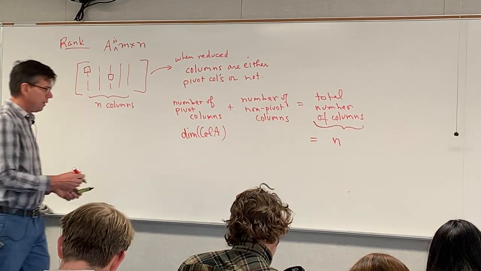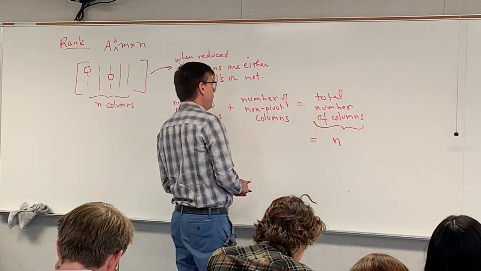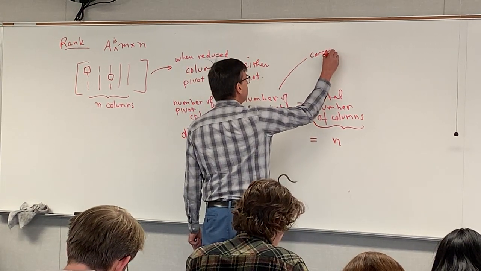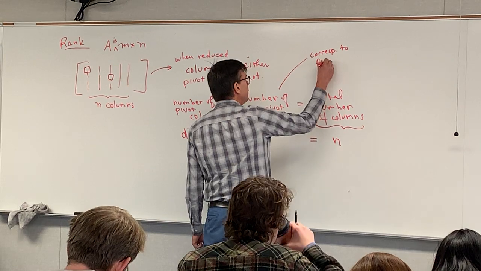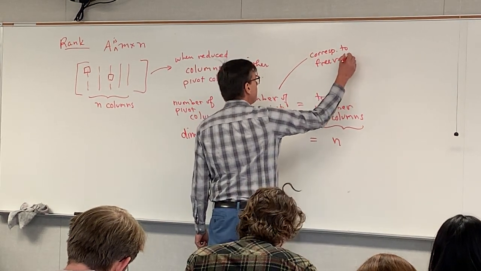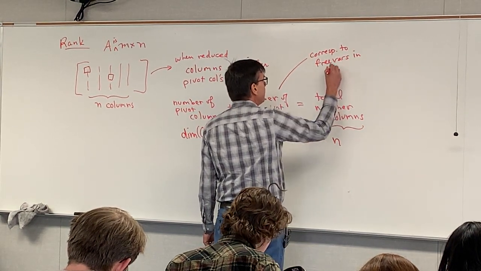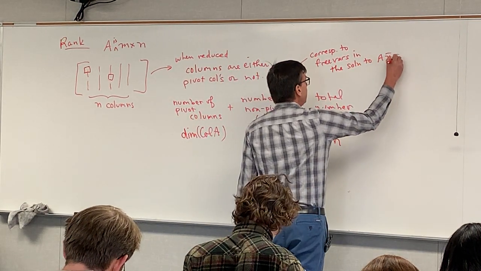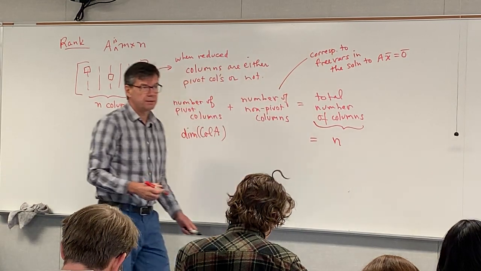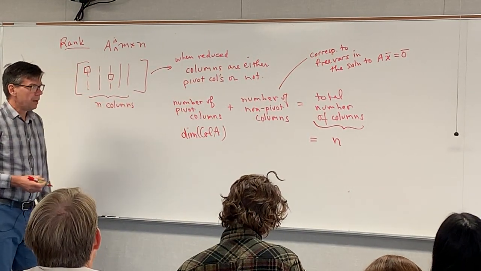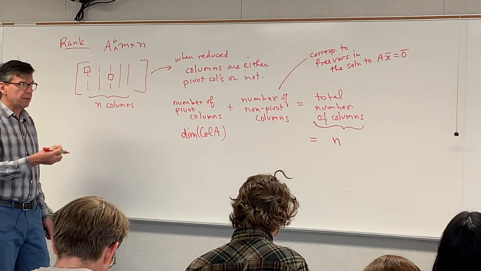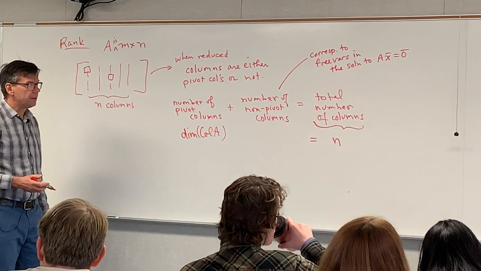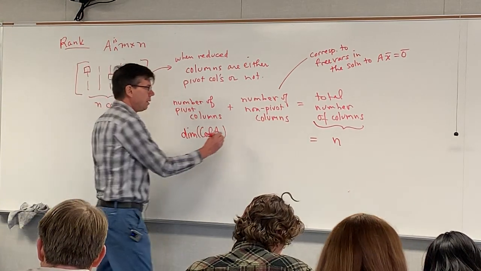The number of non-pivot columns, I would say these correspond to free variables in the solution to AX equals 0, the homogeneous equation. And the number of free variables in the solution to the homogeneous equation tells us the dimension of the null space.